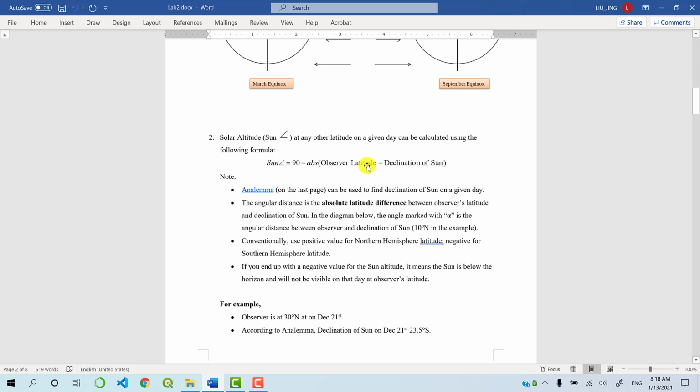And the declination of the sun on a certain day: today is January 13th, and the sun is at 21 degrees south, so you should plug in negative 21. So 34 minus negative 21, then you get your answer.